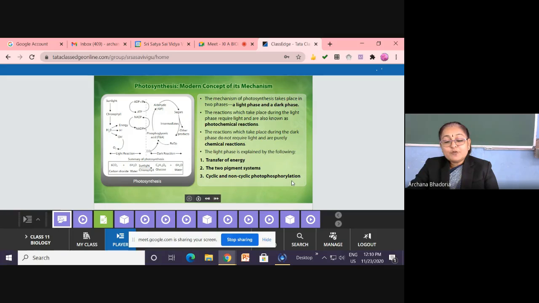What is the meaning of photophosphorylation, Rumisha? What is the meaning of phosphorylation? इतना बता दो. अभी अपन ने उधर भी पढ़ा था respiration में, cellular respiration में, that phosphorylation was going on. What is the meaning of phosphorylation?